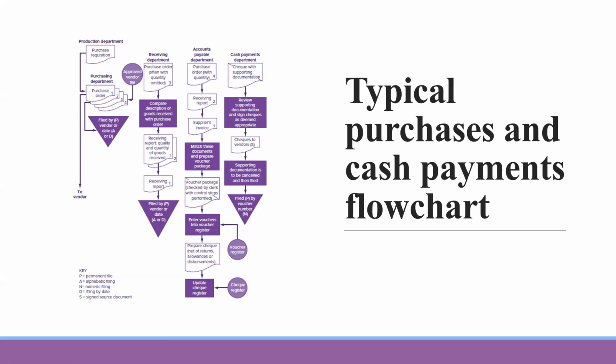Okay, so now let's move on to the payable part, where you are going to do the payment. For the payment, what are the important controls? The purchase order, the receiving report, and the supplier invoice for pricing.